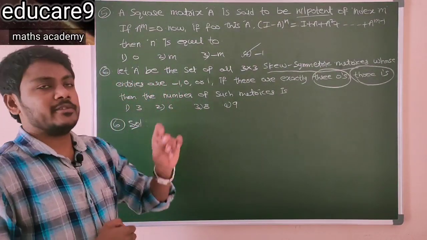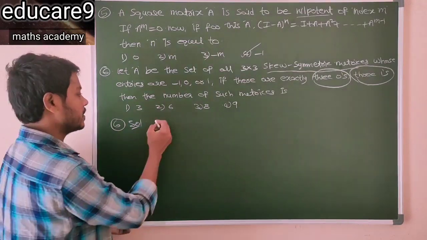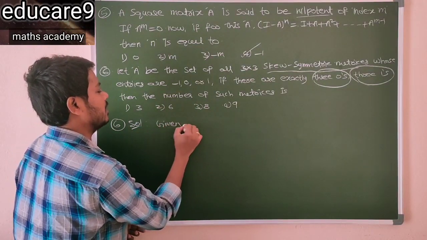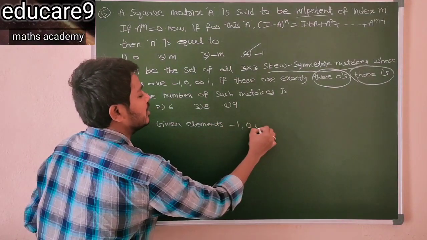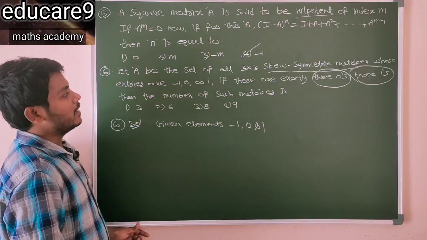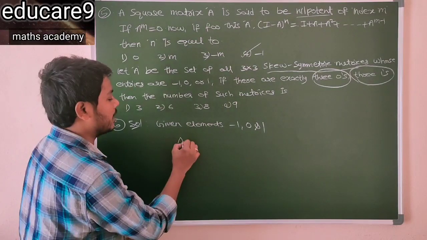So in a skew symmetric matrix, you have exactly 3 zeros and exactly 3 ones. Then the number of such matrices are, see here, given elements minus 1, 0 and 1, and A is a skew symmetric matrix.